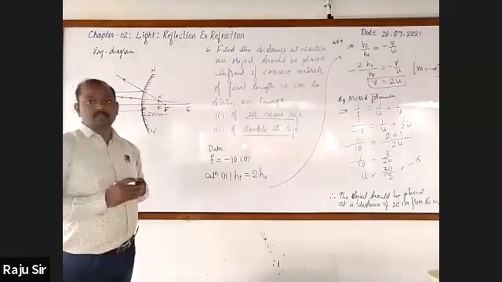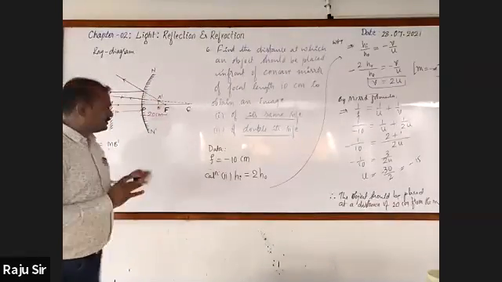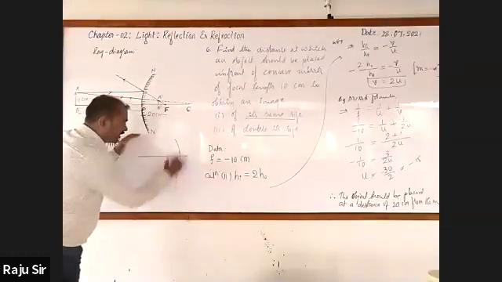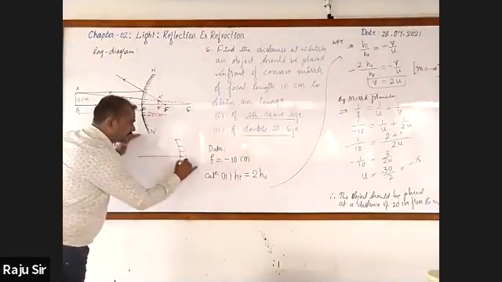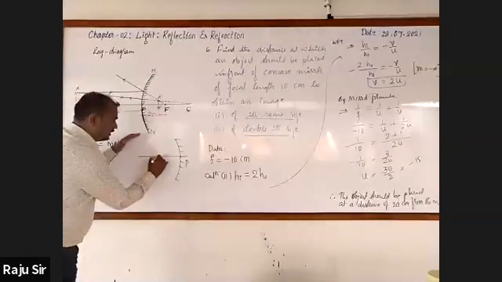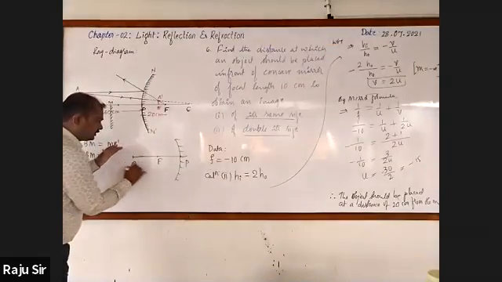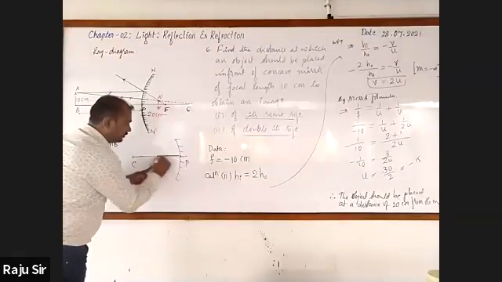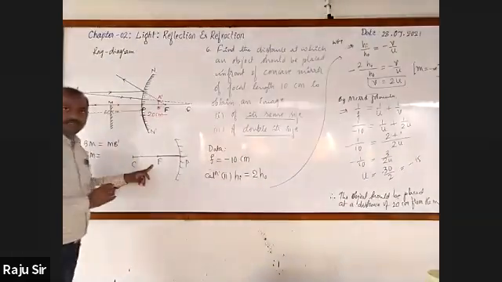Hope you have understood. Please just look at the board. This is a concave mirror. This is the principal focus F. This is the center of curvature C. And the given focal length is 10 centimeter. From here to here, 10 centimeter.